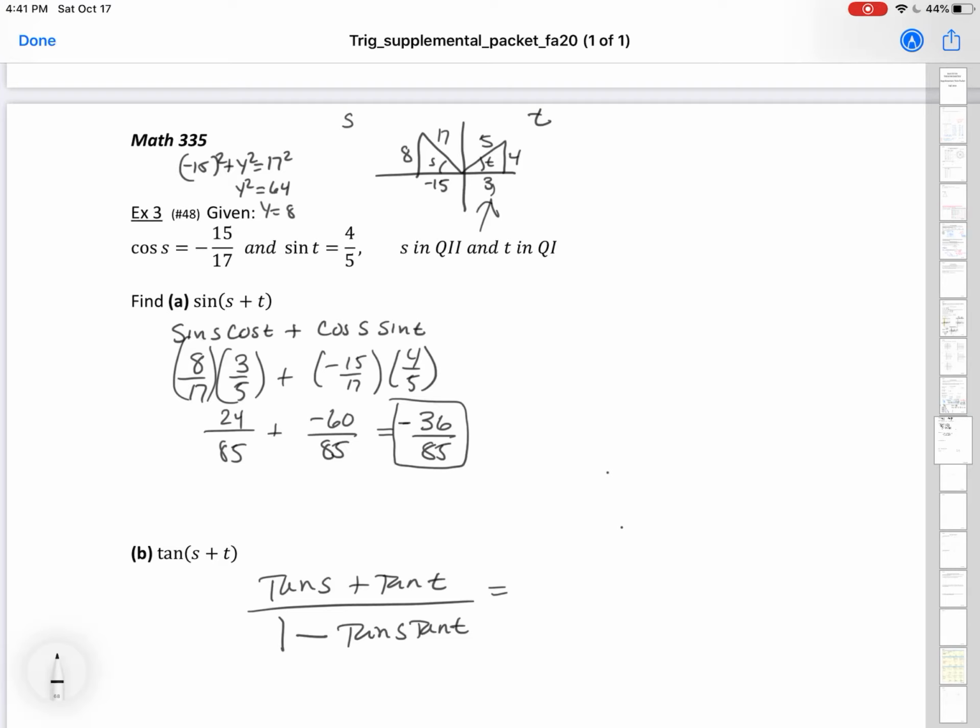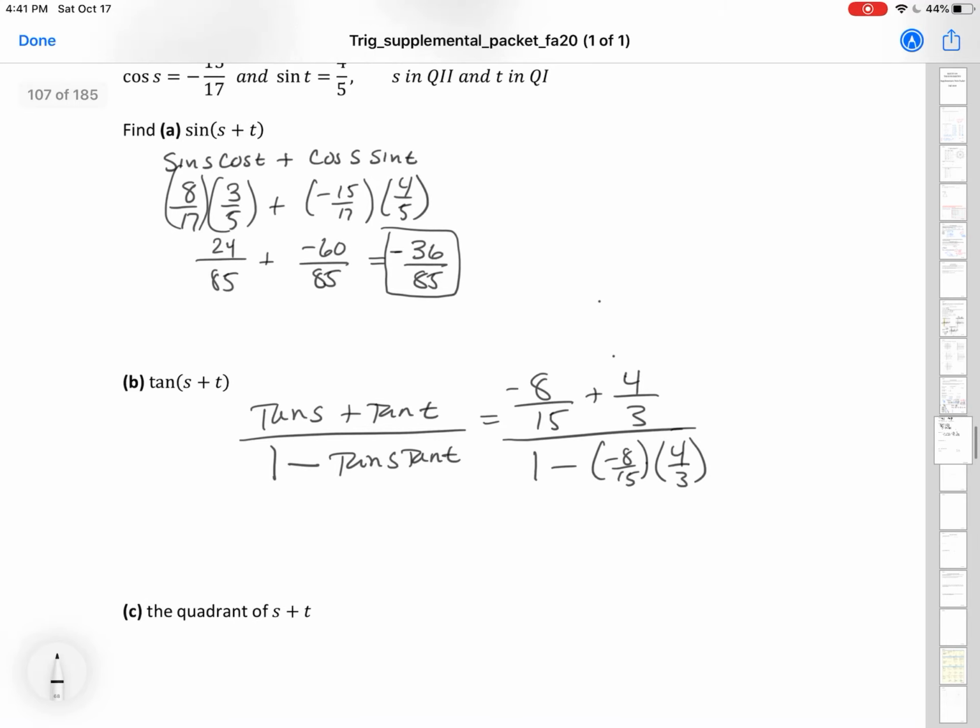Tangent of s. Let's go look at s. It's adjacent. Apologize. It's opposite over adjacent. So it's negative 8/15. And over here, for t, it's 4/3. And so on the bottom, I'm going to have 1 minus negative 8/15 times 4/3. So this one's going to be a little bit more messy. So what do we have here?